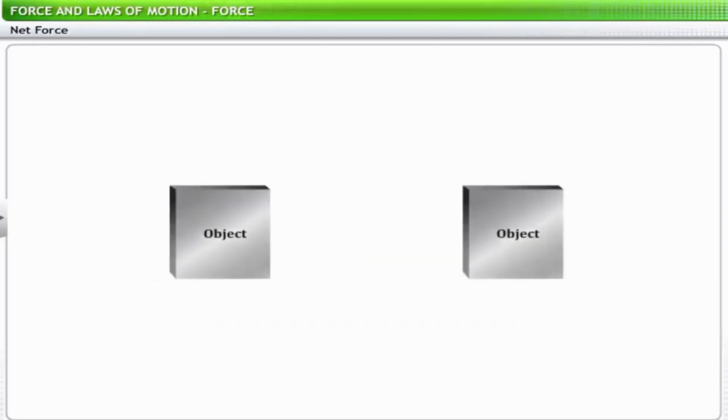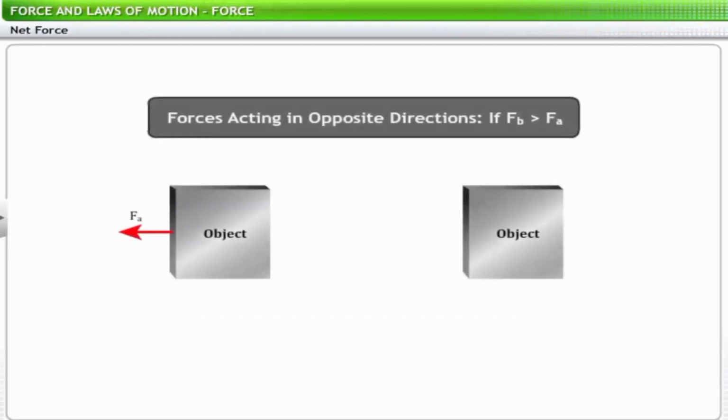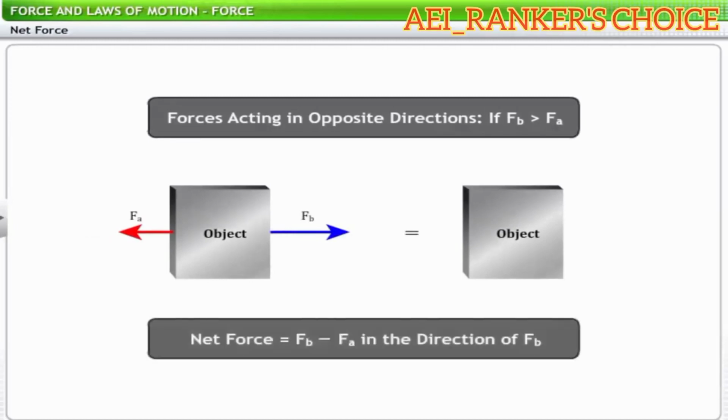In the same setup, if Fa acts in the direction opposite to Fb, and Fb is greater than Fa, then the net force becomes Fb minus Fa, and acts in the direction of force with a greater magnitude, that is, Fb.